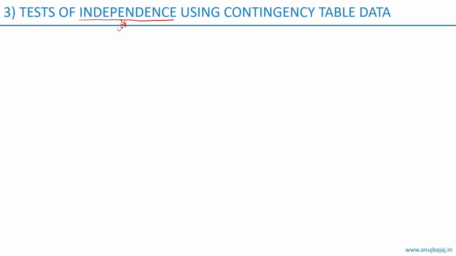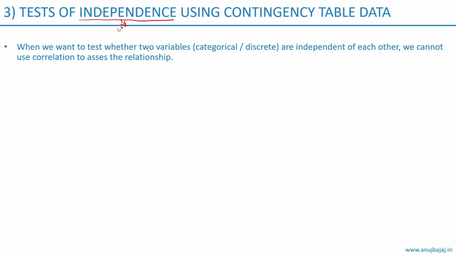Here we want to test whether two variables which are categorical or discrete are independent of each other or not. When two variables are categorical or discrete, we cannot use correlation to assess the relationship between them. Hence, we also cannot use the hypothesis testing method that we have seen earlier to find out whether these two variables are independent or not.